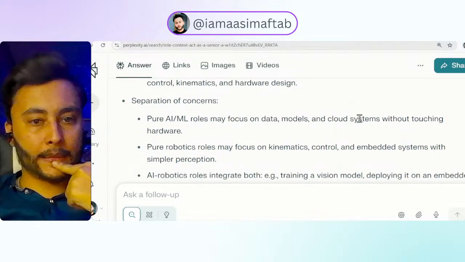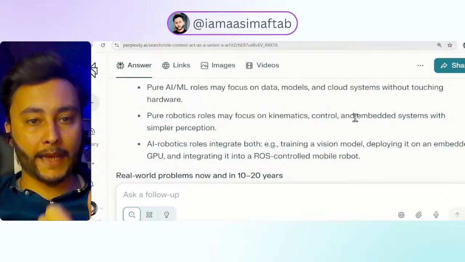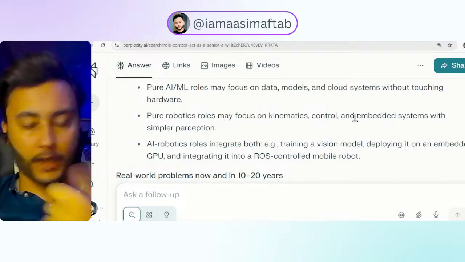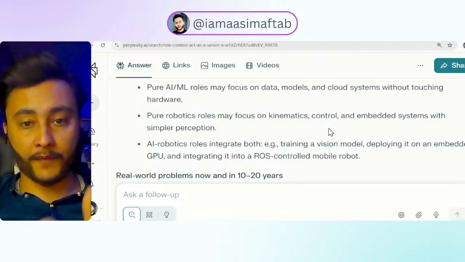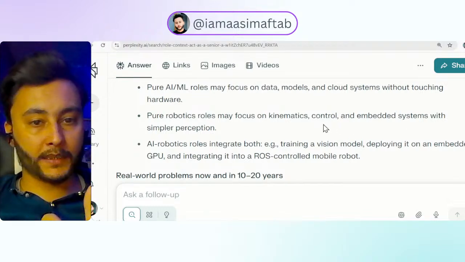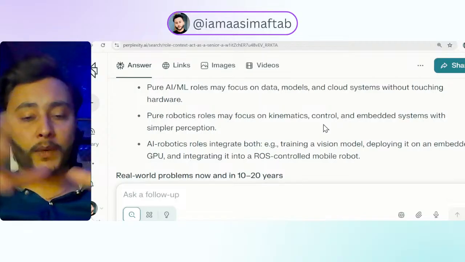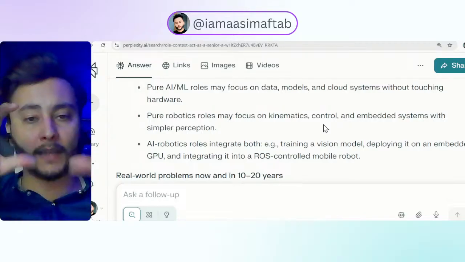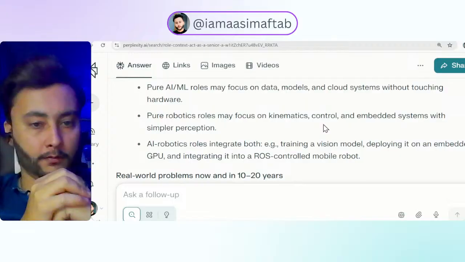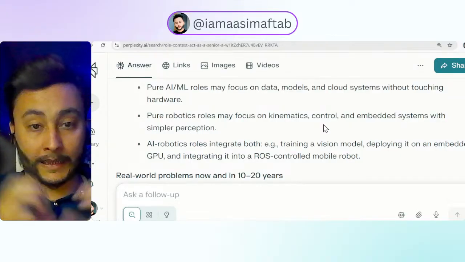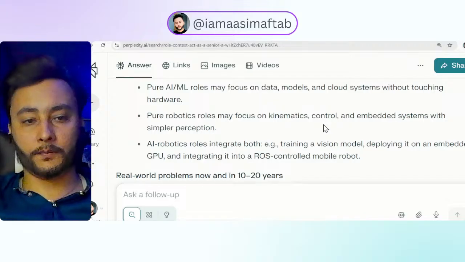Let's discuss separation of concerns. Pure AI/ML roles may focus on data, models, and cloud systems without touching hardware. Pure robotics roles may focus on kinematics, control, and embedded systems with simpler perception. You are seeing the research is focused on telling you what that domain actually is, listing out the relevant sources for you as well.